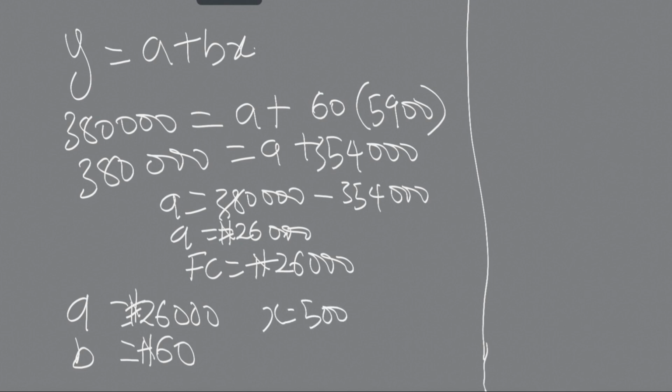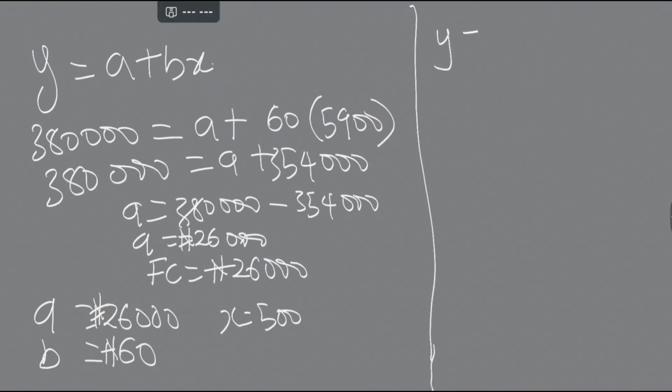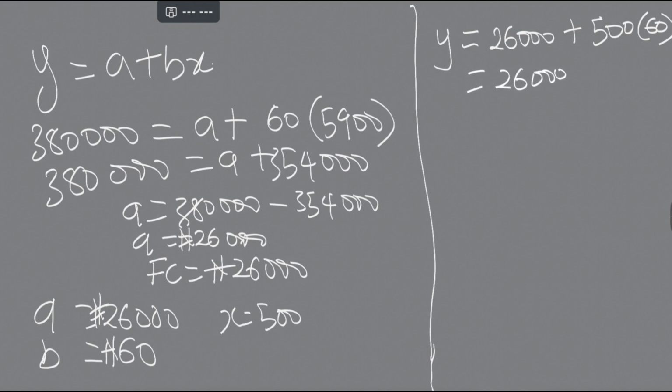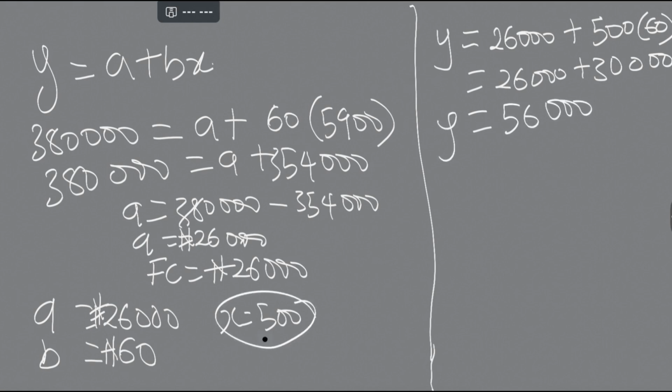The total cost will now be y equals 26,000 plus 500 into 60, so it's 26,000 plus 30,000, which is 56,000. So given x level of activity, which is 500 units, our total cost will give us 56,000 naira. Yes, our currency, very important.